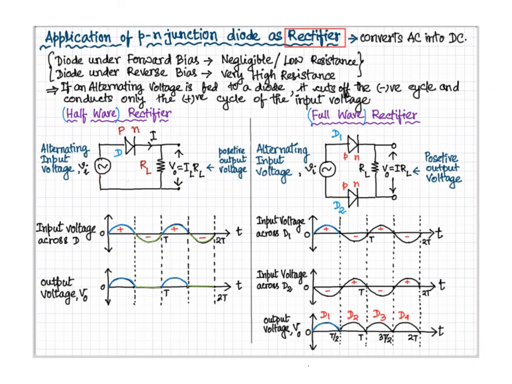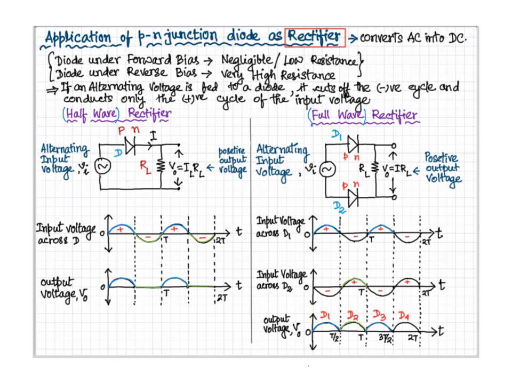Again, in this time D2 will not conduct. Now what happens is, in the negative half of the cycle for D1, D2 is forward biased, so it will conduct and we will get the voltage in output. Again, in the next half of the cycle, D1 is forward biased and D2 is reverse biased, so D2 will not conduct, D1 will conduct.